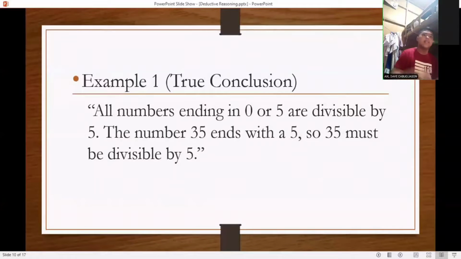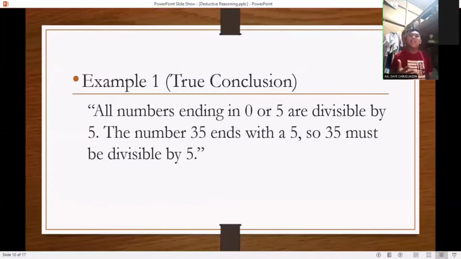premise which states that all numbers ending in 0 or 5 are divisible by 5. On the other hand, it is a true conclusion, because that major or general idea, that all numbers ending in 0 or 5 are divisible by 5, is true all the time.